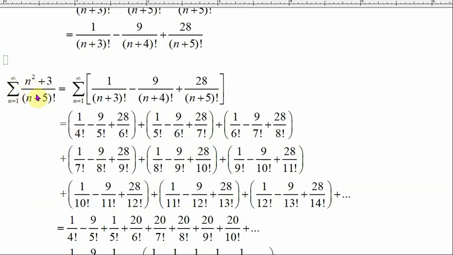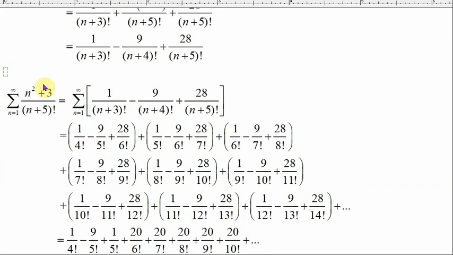This is how the original series. So now we can write this as the summation with these three expressions right here, because that's what n squared plus 3 over (n plus 5) factorial is.